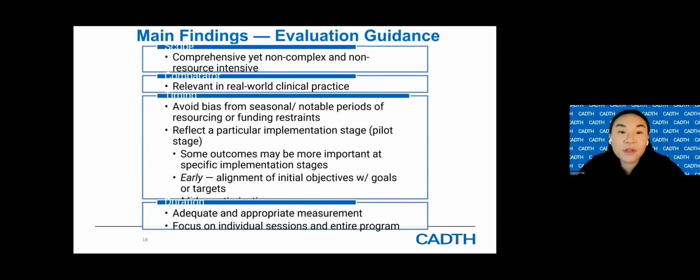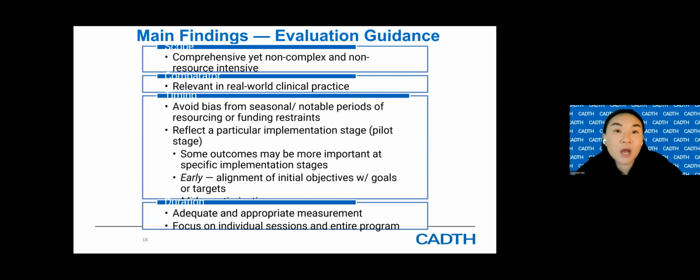Okay, so among the guidance documents, some key planning decisions were also highlighted. So the first one was scope, and this essentially suggested that one must ensure that the evaluation is comprehensive, but not complex and not resource intensive. And next, the comparator should be relevant in real-world clinical practice.